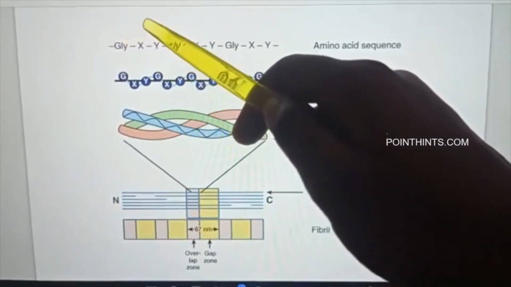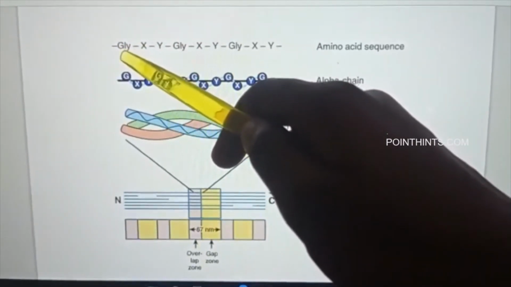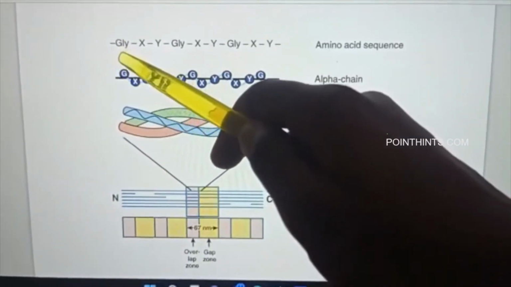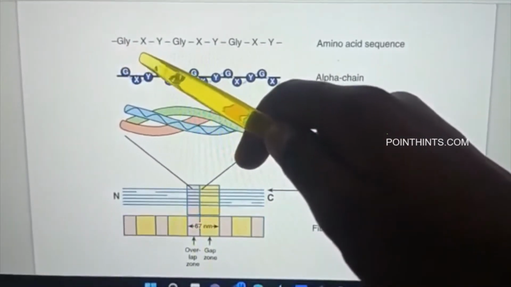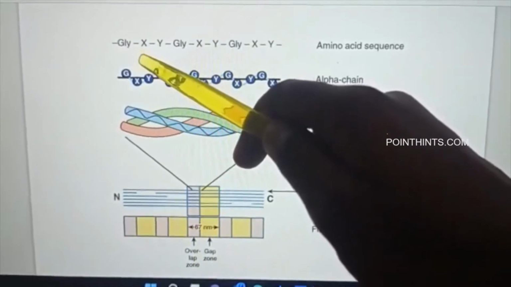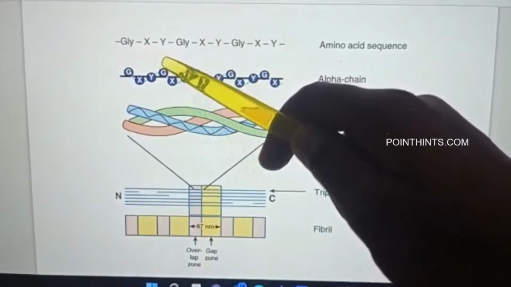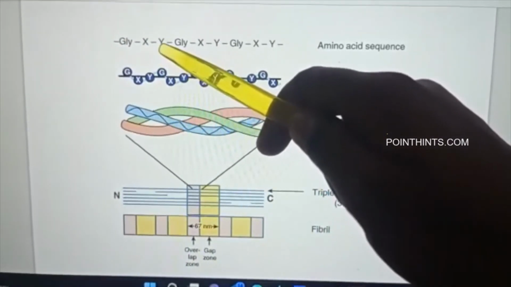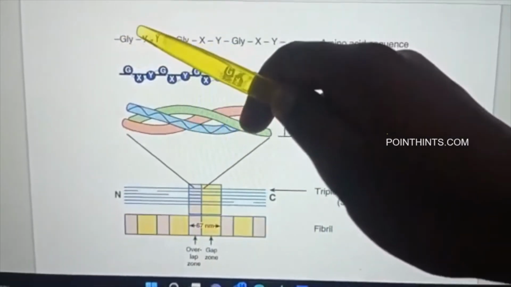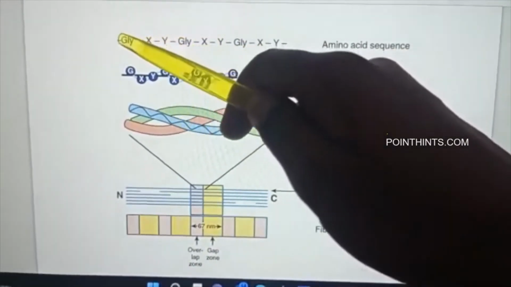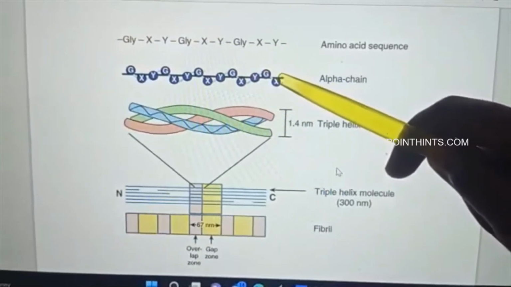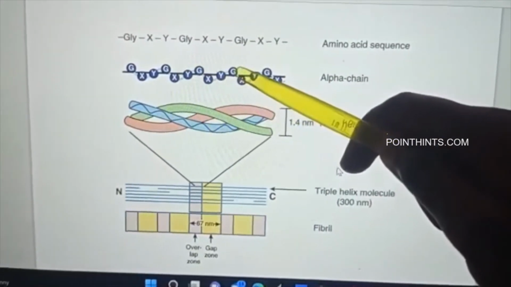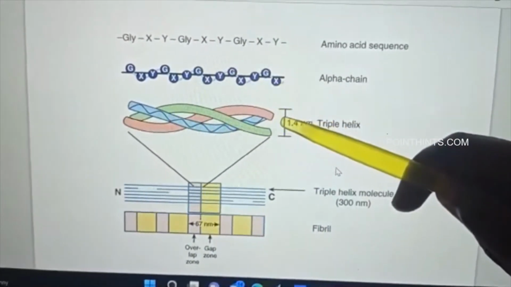Glycine is stable because it is a small amino acid which fits in limited space. X can mostly be proline and lysine, and Y can mostly be hydroxyproline and hydroxylysine. These residues turn into a left-handed helix and form a single polypeptide chain.